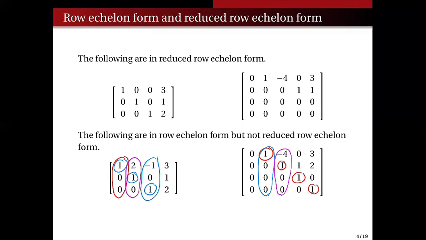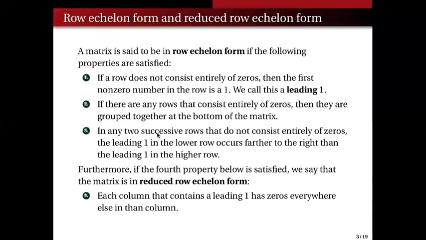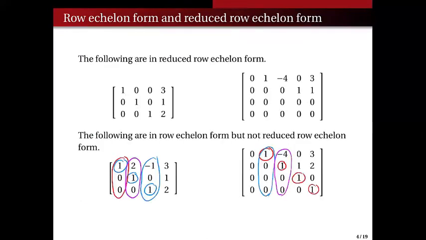So it means conditions 1, 2, 3 here are satisfied, but condition 4 is not satisfied. Okay? So is it clear? Is the difference between row echelon form and reduced row echelon form clear?